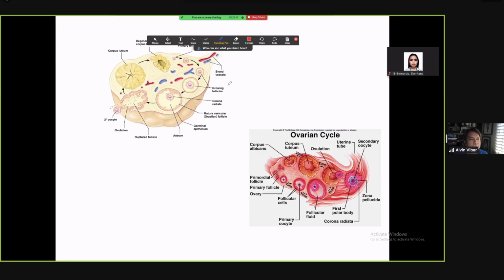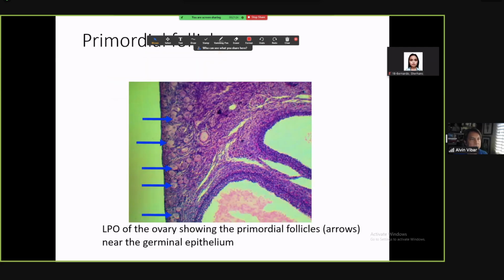So let's start with the primordial follicle. It's said to be the most primitive or the youngest. If this is the germinal epithelium, you're going to see the primordial follicles here, near the germinal epithelium.